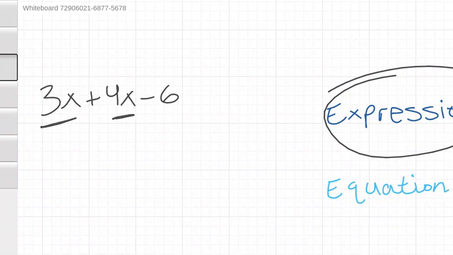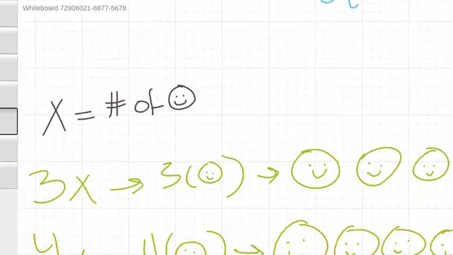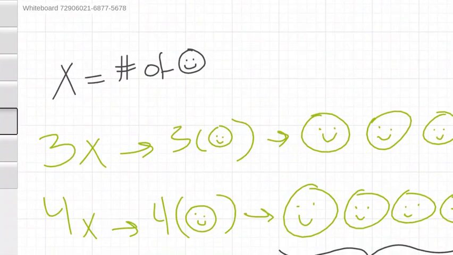Like terms are terms that only differ by the numerical factor. 3x and 4x are the same except for the number part, so they are like terms, and they can be added together. It's like if x were the number of smiley faces. 3x would be 3 times 1 smiley face, and that would be 3 smiley faces, and 4x would be 4 times 1 smiley face, and that would be 4 smiley faces.